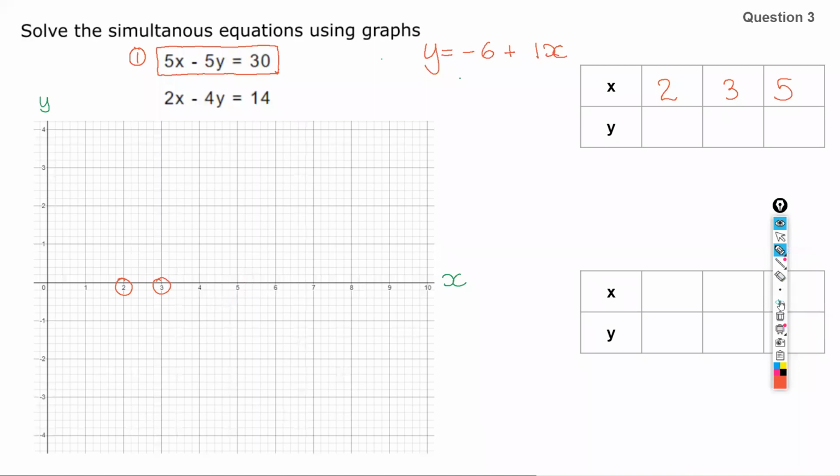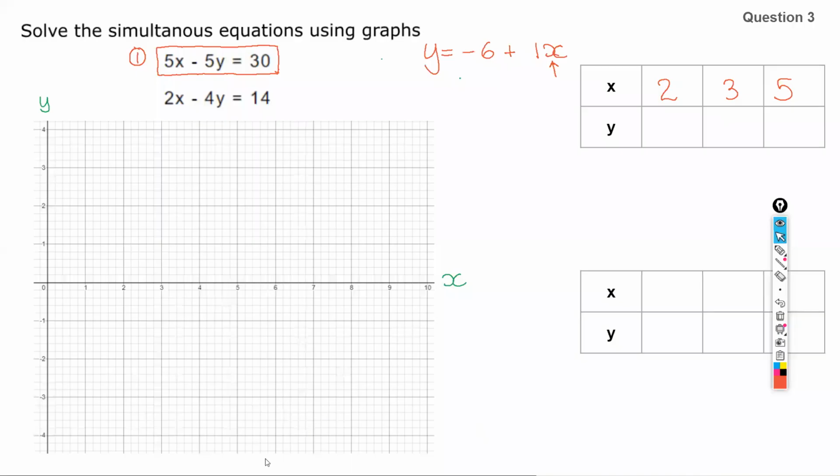Could you all kindly calculate the y values, right? Remember, you're just replacing the x in brackets with 2, then 3, then 5. Remember, that's -6, so make sure you add and subtract properly. I just want to work out the first one to make sure you're on the right track.